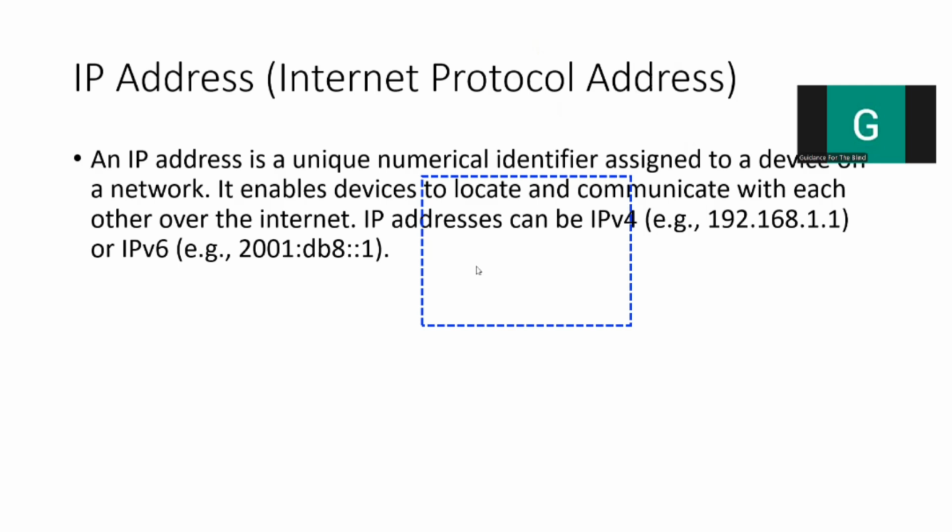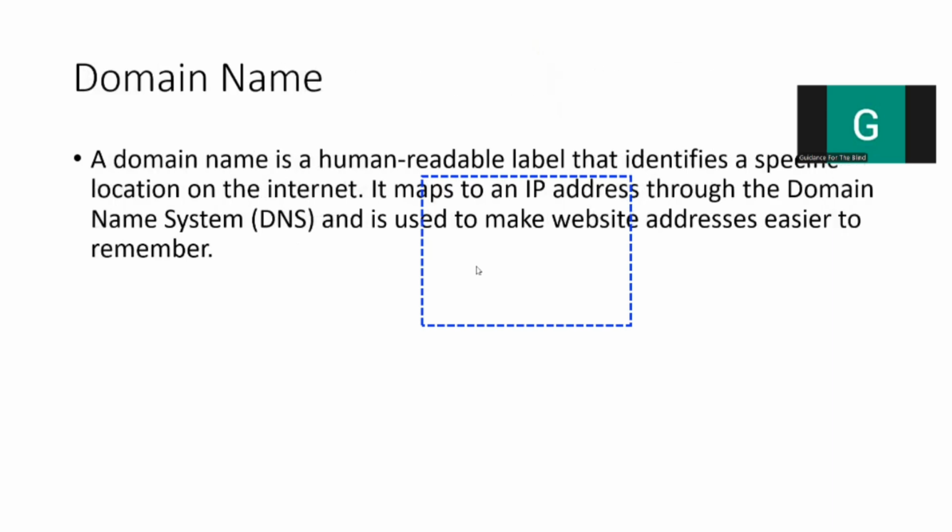Okay, if you want to understand using the example that I'm giving you, this is basically your IP address. Behind any website there is an IP address, which is a long number, which is hard for humans to remember. So when we want to associate something with an IP address, that is a domain name.